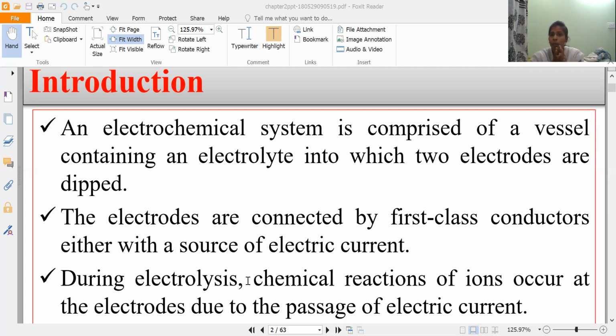Electrolysis is the decomposition of electrolyte by the passage of electricity. During electrolysis, chemical reactions of ions occur at the electrodes due to the passage of electric current. So when the electricity is passing, the electrodes start working and the electrolyte starts decomposing.